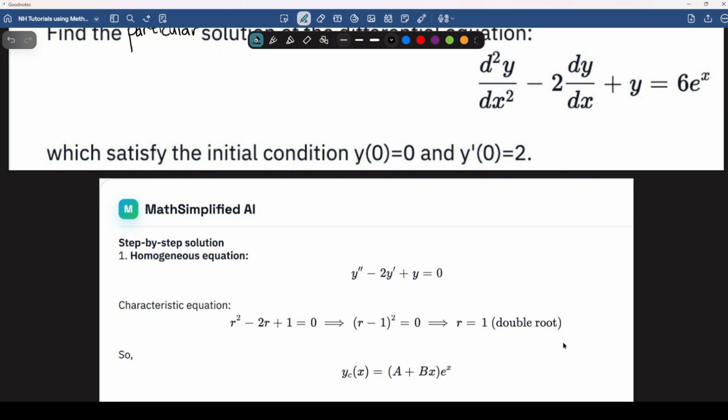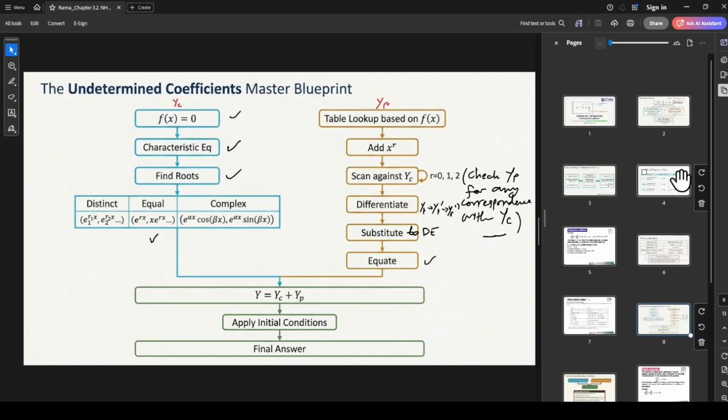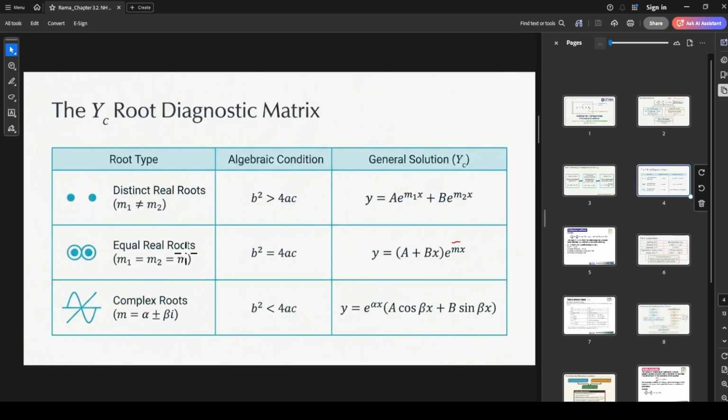So in this particular case, we have equal real roots, which means the form for the general solution is y equals (a plus bx) times e to the power of mx, m being the root.